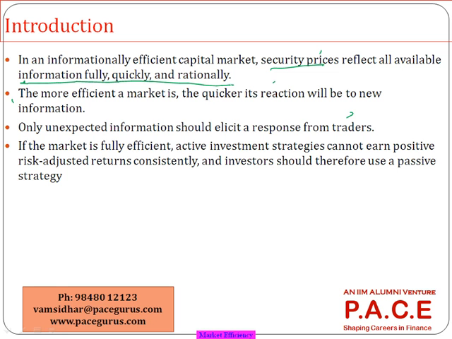But if the reality is 25 or minus 5, which is much away from their expectations, then that unexpected information elicits some kind of quick reactions from the traders at that point in time.